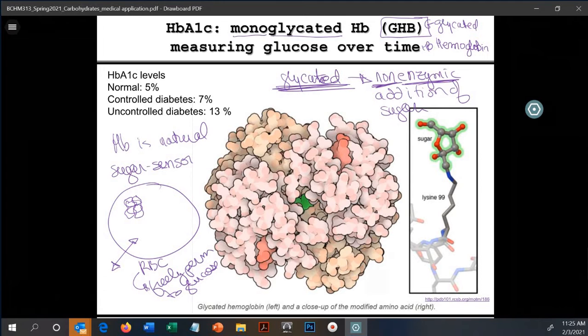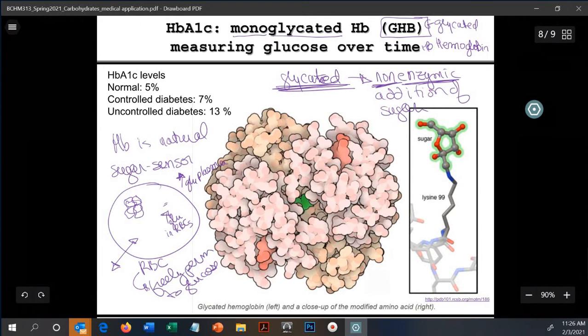So glucose can enter and leave these red blood cells. Are there glucose transporters? Yes, there are, and they are pretty forgiving as far as allowing the passage of glucose. Glucose can come and go as it pleases in and out of red blood cells. So basically, the glucose level in plasma equals the glucose level in red blood cells.